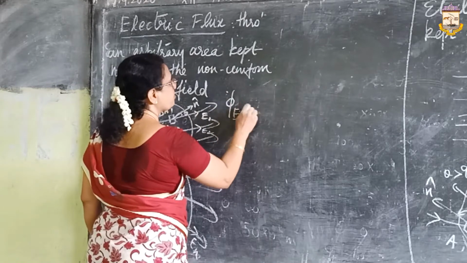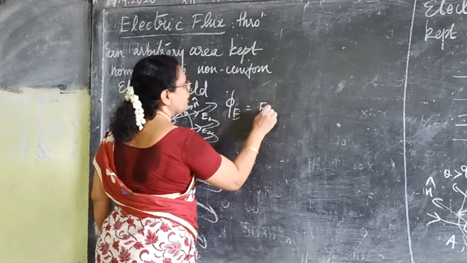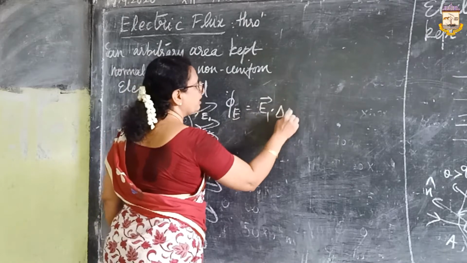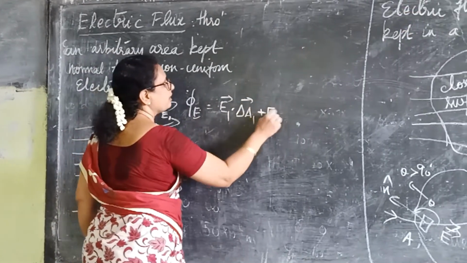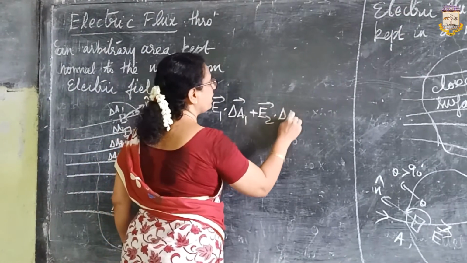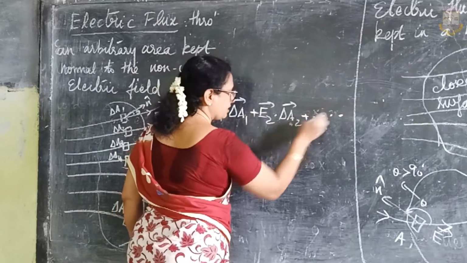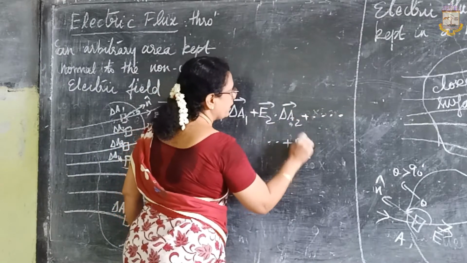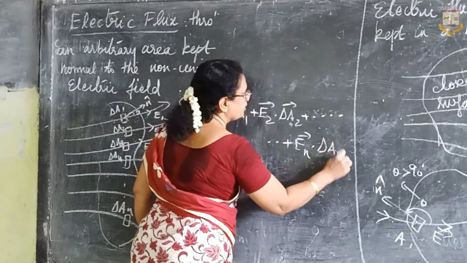So the equation must be written as E1 vector dot del A1 vector plus E2 vector dot del A2 vector plus etc. up to EN vector dot del AN vector.